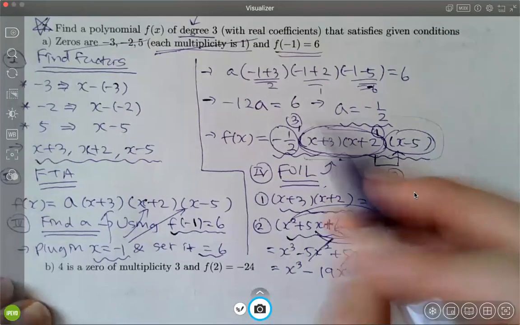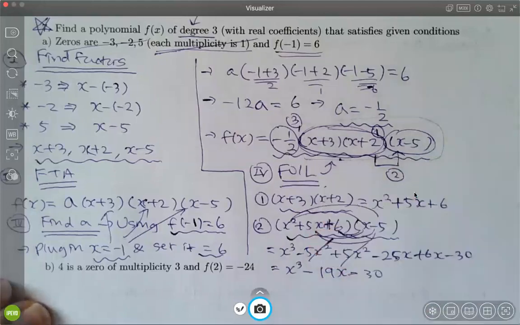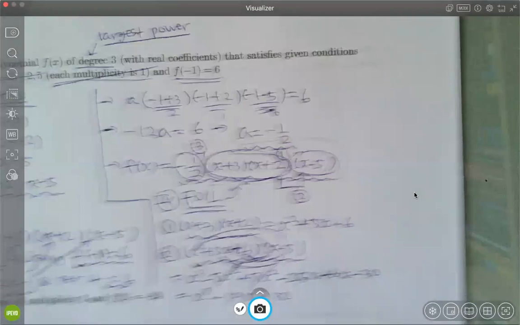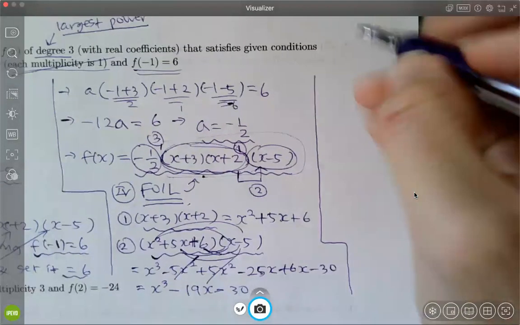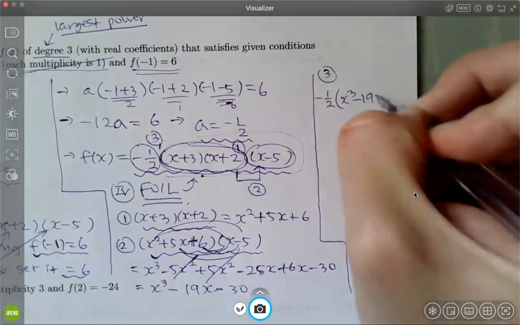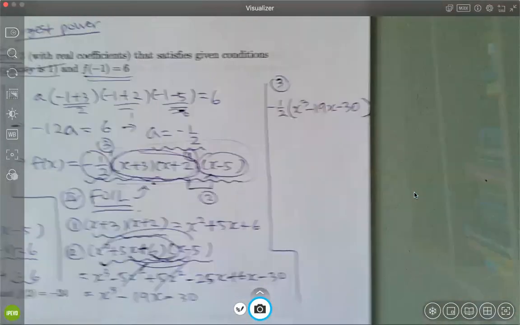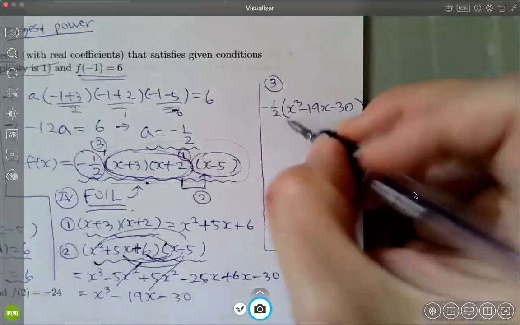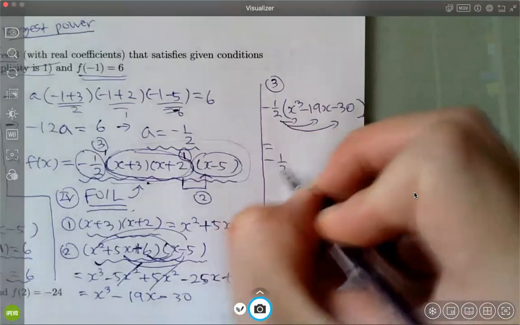So now what do you have to do? Times negative 1/2 in front, right? So what does that mean? So now we have negative 1/2 times x cubed minus 19x minus 30, okay? So what is this? Distribution, okay? So what do you get? Negative 1/2 x cubed.